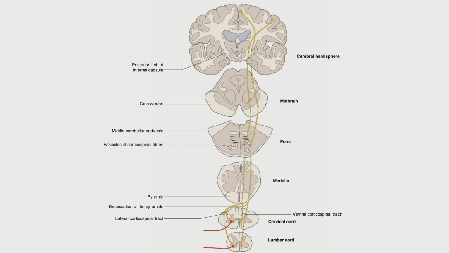So the summary of the ways of motor. One way is a leg, one way is a hand. The way of the hand is seen here, crossing in the medulla oblongata and then going down, 80% crossing, 20% non-crossing.